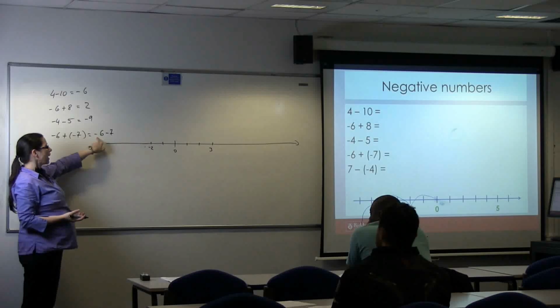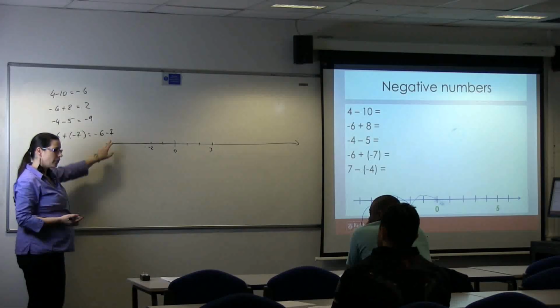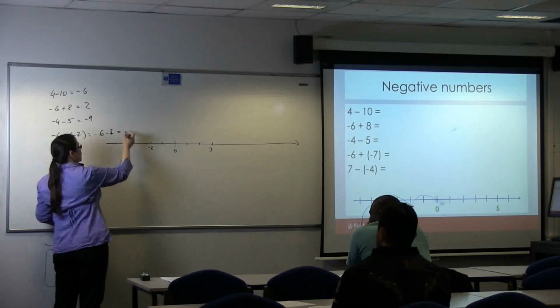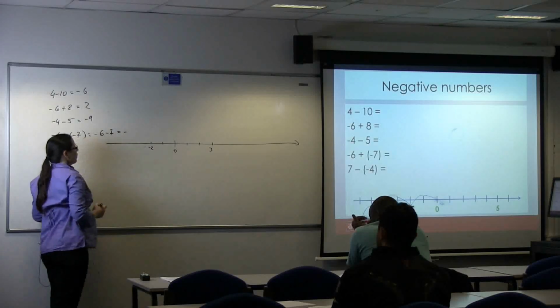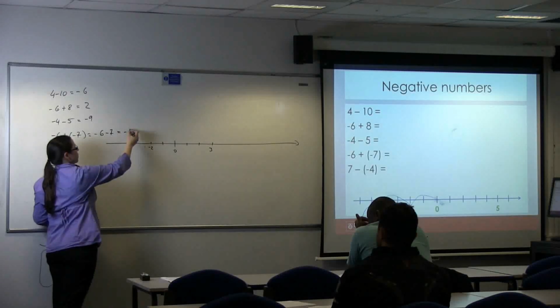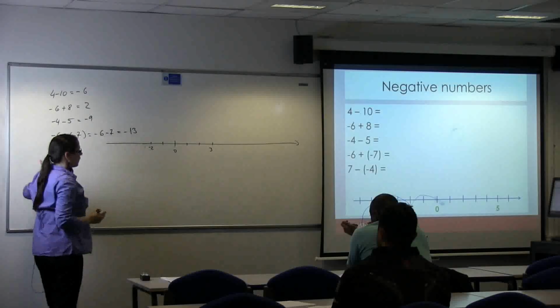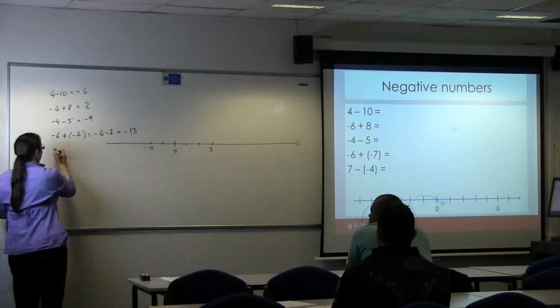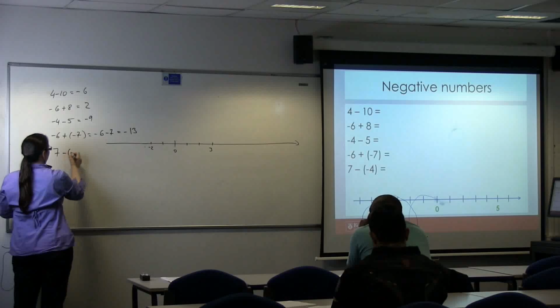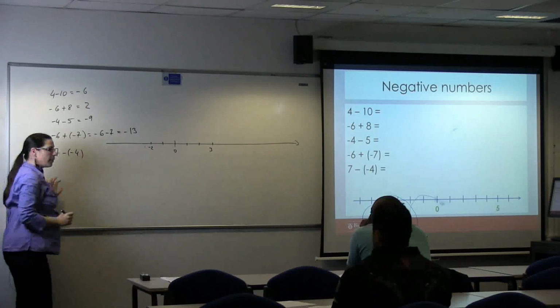So I was already in negative, I'm going further down in negative, so I'm obviously going to end up with negative numbers altogether. But what will be the answer? Minus 13, yeah. And the last one, minus 7 minus negative 4.